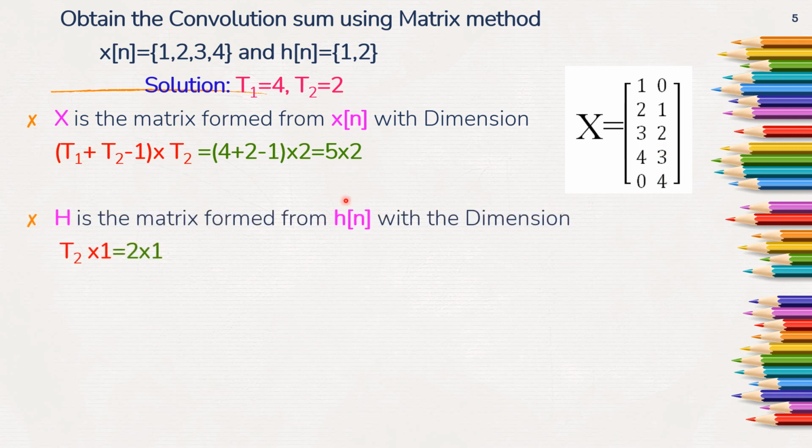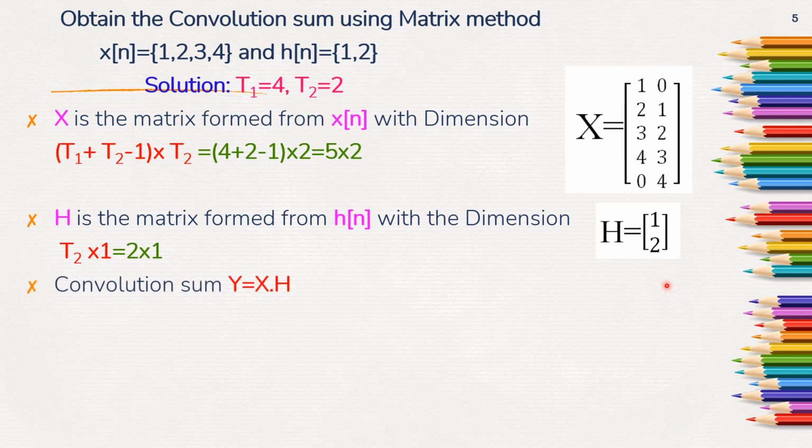H is the matrix formed from h of n with the dimension of t2 cross 1, which is 2 rows and 1 column. See here, X matrix is 5 rows and 2 columns. In the same way, here it is t2 cross 1, which means that it's 2 rows and 1 column. So how is your h matrix formed? You have 2 rows and 1 column.